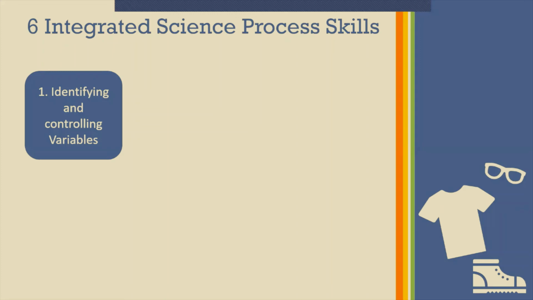This is to decide on what we want to observe and how we will control the experiments. The variables we need are independent variables, dependent variables, and control variables.